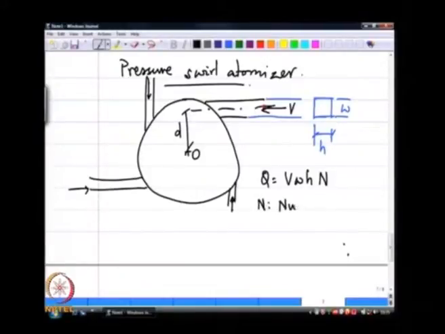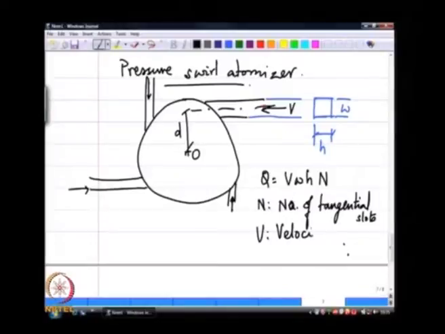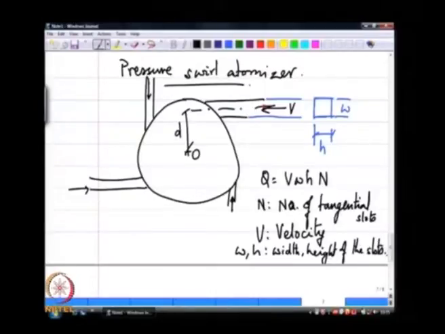N is the number of tangential slots, V is the velocity coming in, W and h are the width and height of the slots.